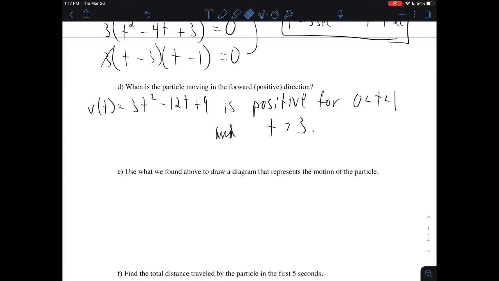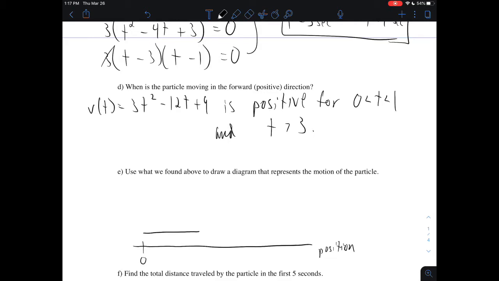So to do that, let's just think first we're going to have some sort of line that is measuring position. And there's an initial position where it starts. And then for a certain amount of time, this particle is moving forward away from that initial position.